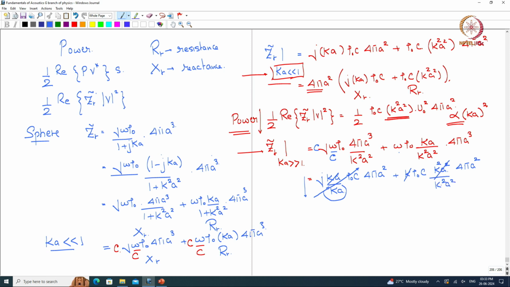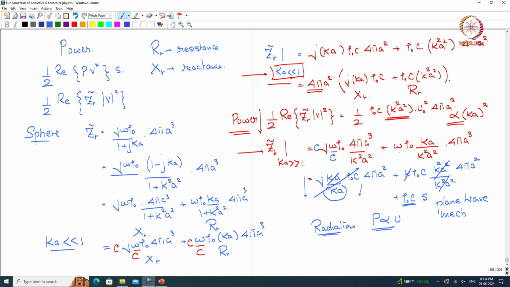So this goes away, and this approaches rho 0 c into an area which is the surface area of the sphere. This is the plane wave mechanical impedance. And what is the meaning of that? The pressure and particle velocity are in phase, and so radiation happens efficiently. And there is a small imaginary part which is reducing.